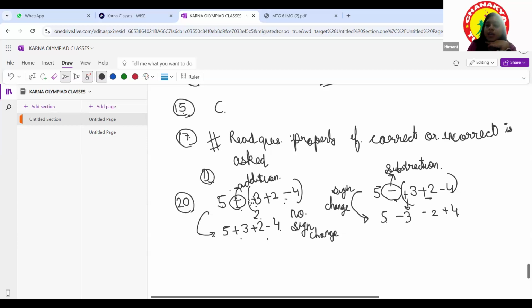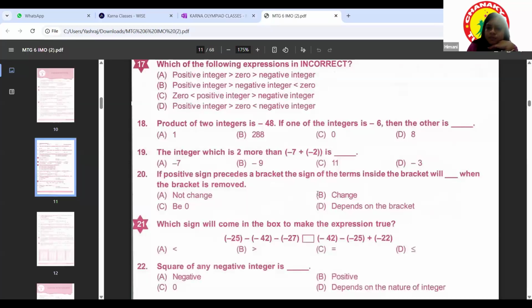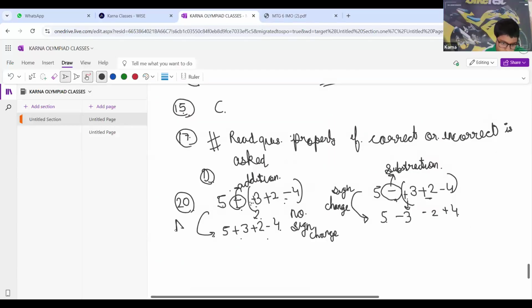How can it depend on the case then? Ma'am, but the... Tell me. Understood? Should I move ahead? Yes, ma'am. Okay, so what will be the answer? B, no? Yes, ma'am. This is a good question.